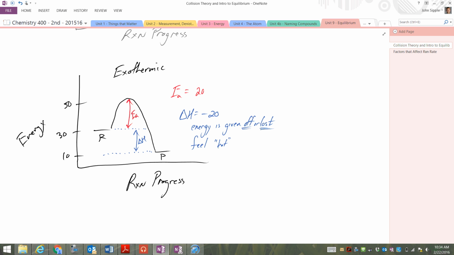Yeah, those are exothermic reactions. It's losing heat to the surroundings, right? Heat is flowing out from the reaction to the surroundings. So that's why it feels hot, okay? Combustion is a good example of an exothermic reaction, right?